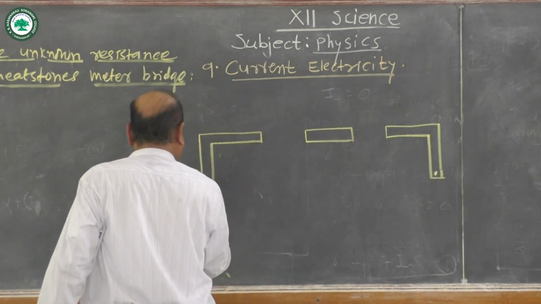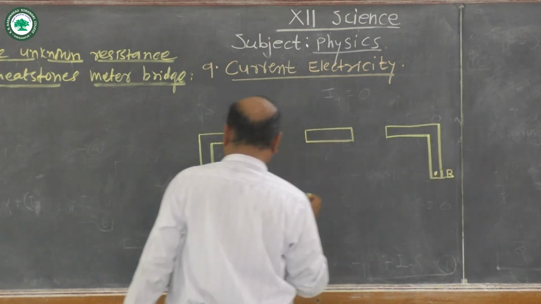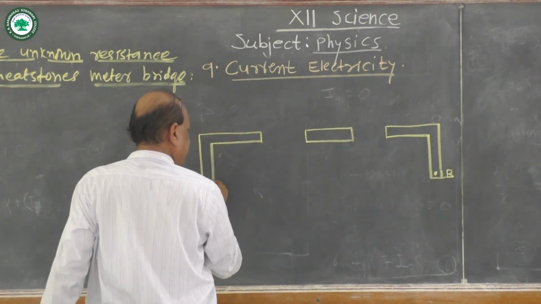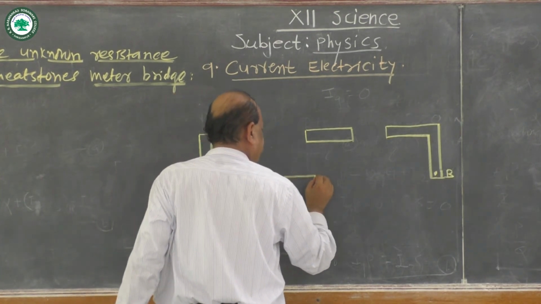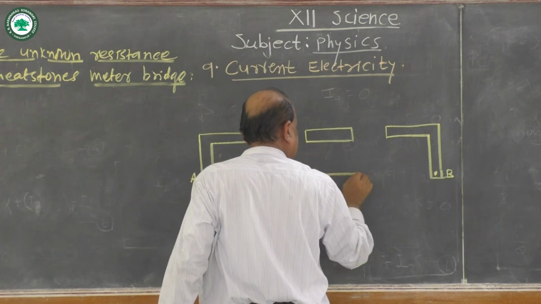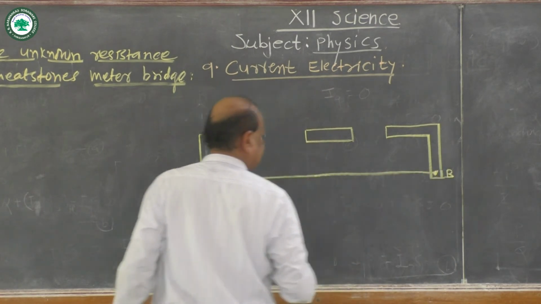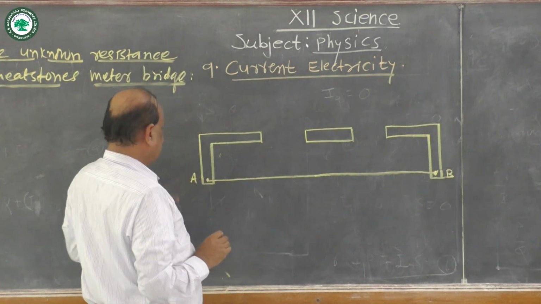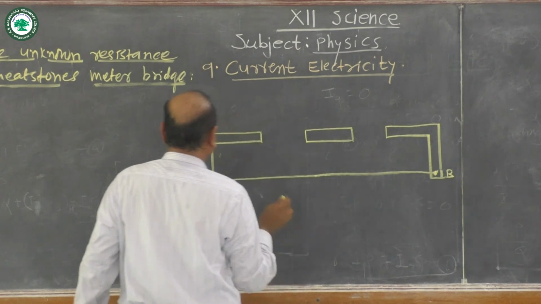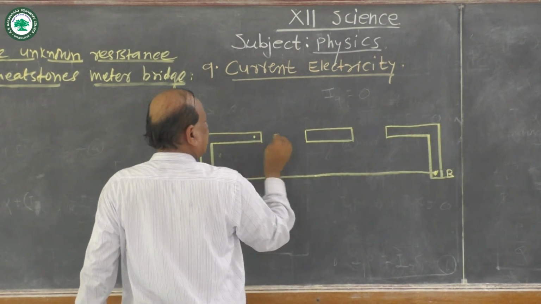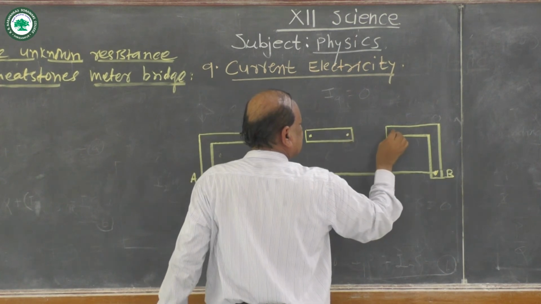Here is point A, this is point B. Now about 1 meter long uniform conducting wire is stretched between these 2 points, point A and point B. Now here is the first gap, this is the second gap.